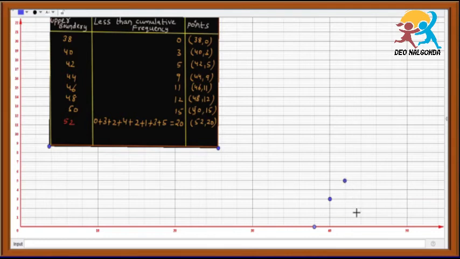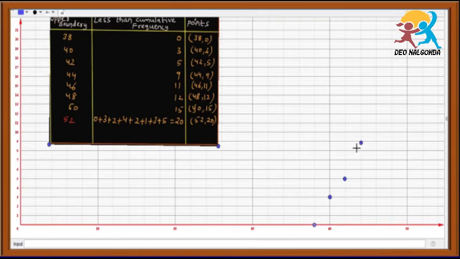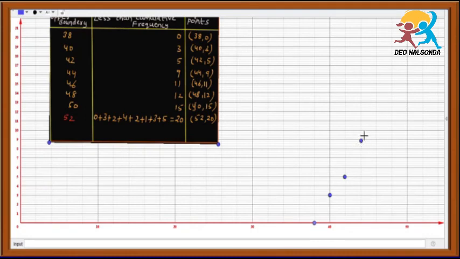Next 44, 9. This is 44, 9. Here we get 9. And 46, 11. That is 46 and this is 11. Next 48, 12.